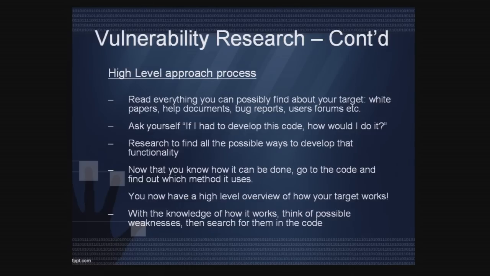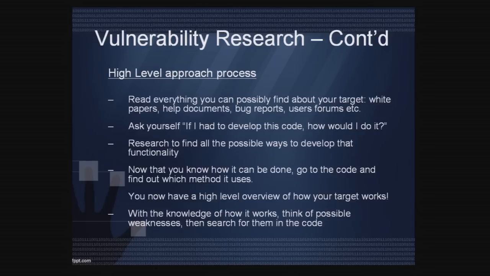get a very good high-level idea. Okay, this system does this. It does this with this API and not the other API. It does this in this order and not the other order. And so you get a really good feel of what's going on without needing to reverse anything really at this stage.